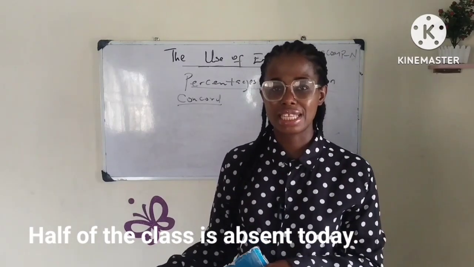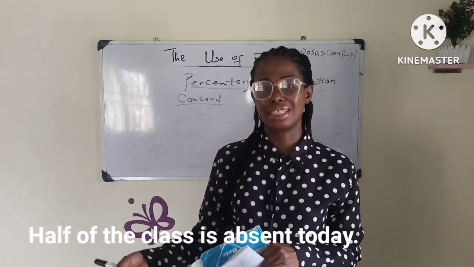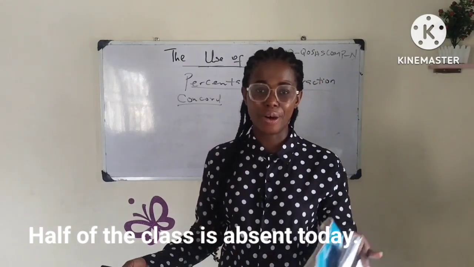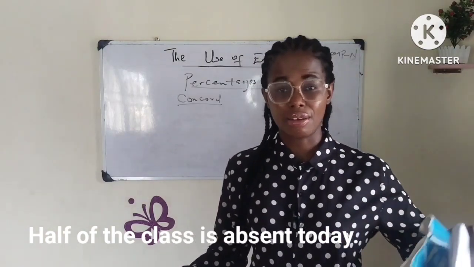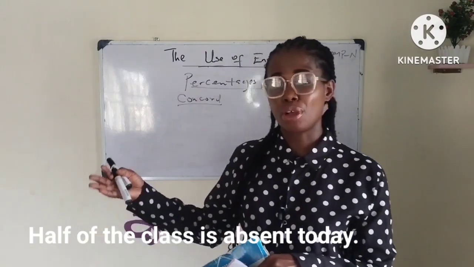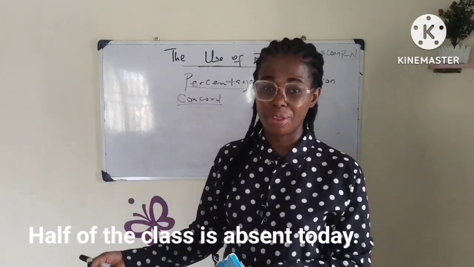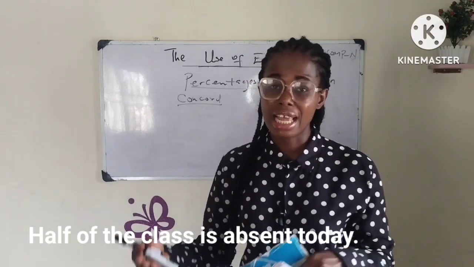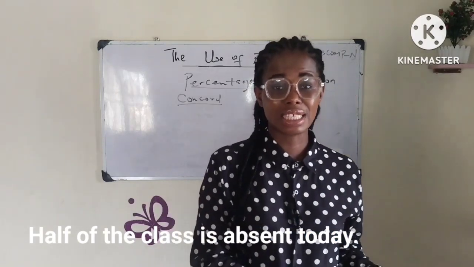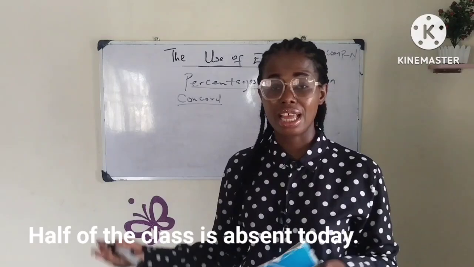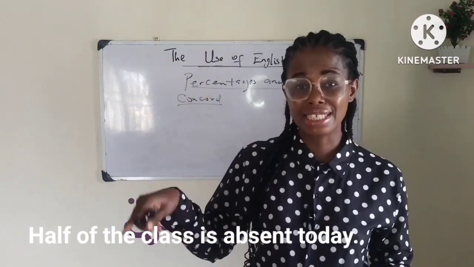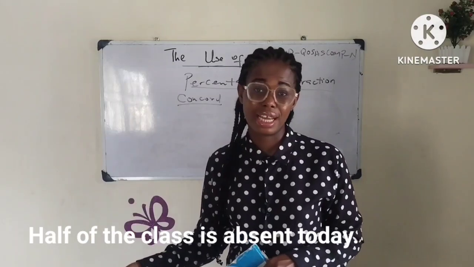Your attention should be on the noun class that is after the fraction half. Because the noun class is singular, the verb in the sentence should also be singular. Half of the class is absent. Class is singular, so is singular as well.